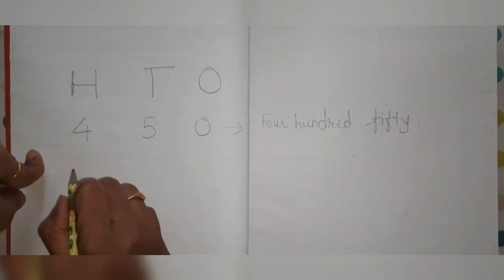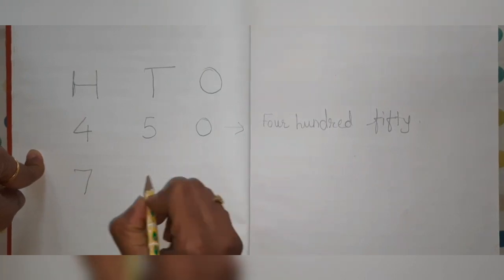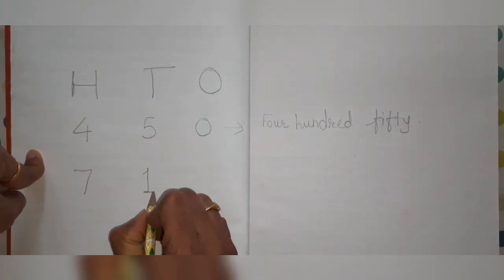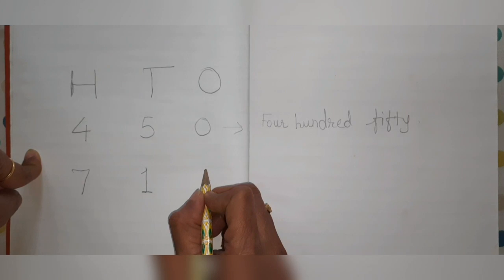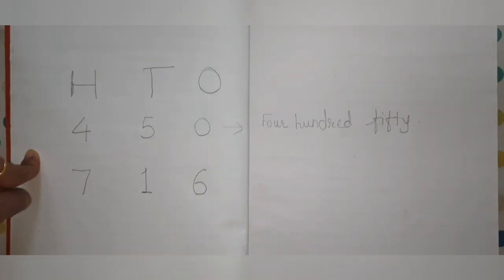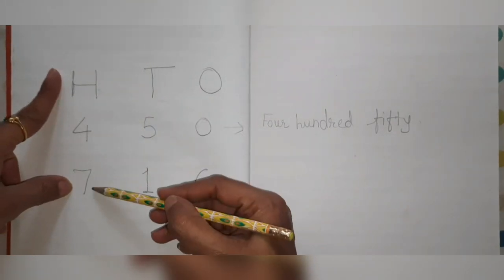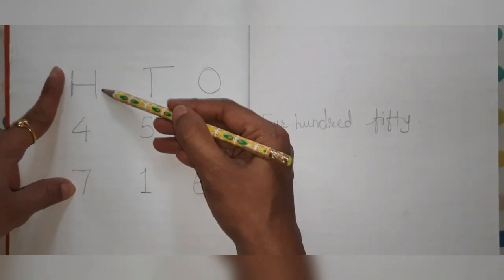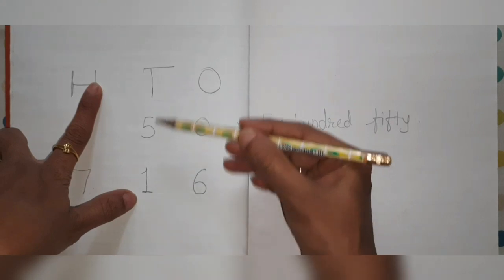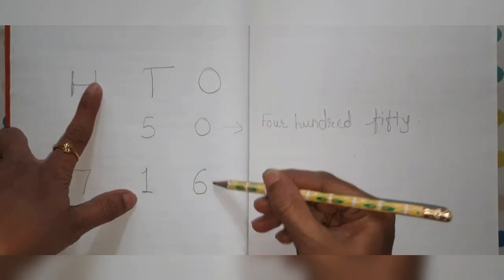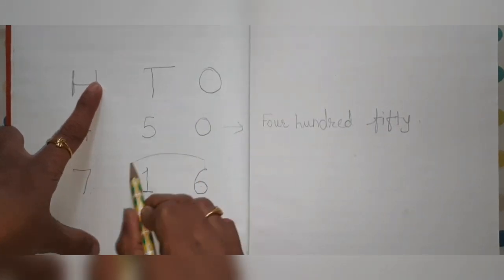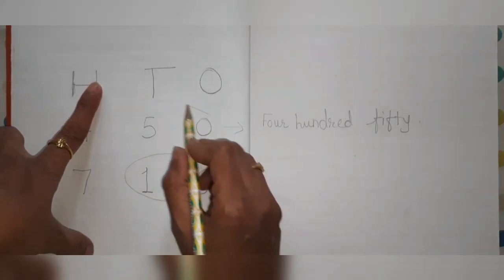One more sum I'll take here. 7, 1 and 6. So 7 is in the hundreds column, so we tell it 700. Here 1 ten and 6 ones, so together we have to take this number.